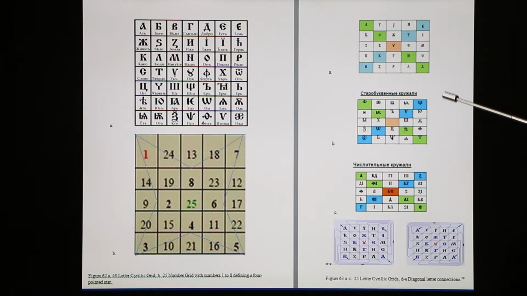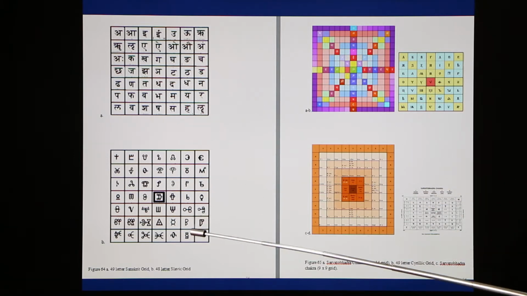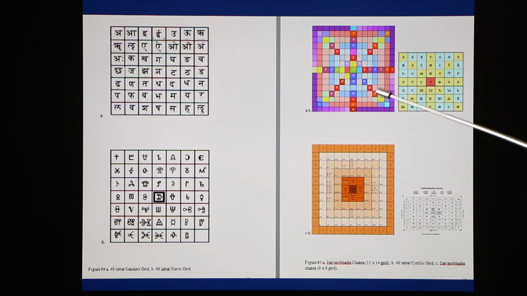So I can have my grid, I can color certain ones, and then create sequences within that grid. I can do the same in Sanskrit, in Glagolithic, and here in the Sarvatobhadra chakra, here in the Cyrillic grid, and again in the Sarvatobhadra chakra, where I link this with names of gods and letters of alphabets.